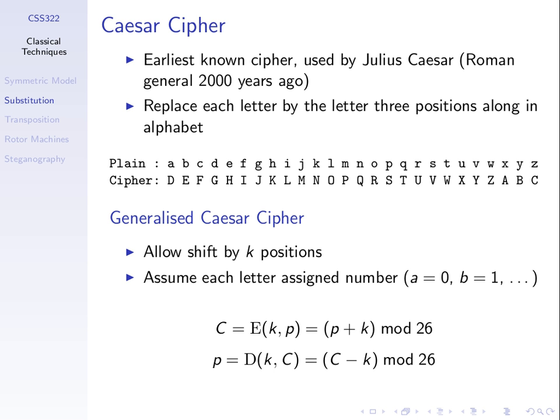S shifted by 3 positions. That's the original Caesar cipher. Shift 3 positions along. And the same for the other letters. We take the next plain text letter, T, and the output would be the letter shifted 3 positions along, which is W, and so on.